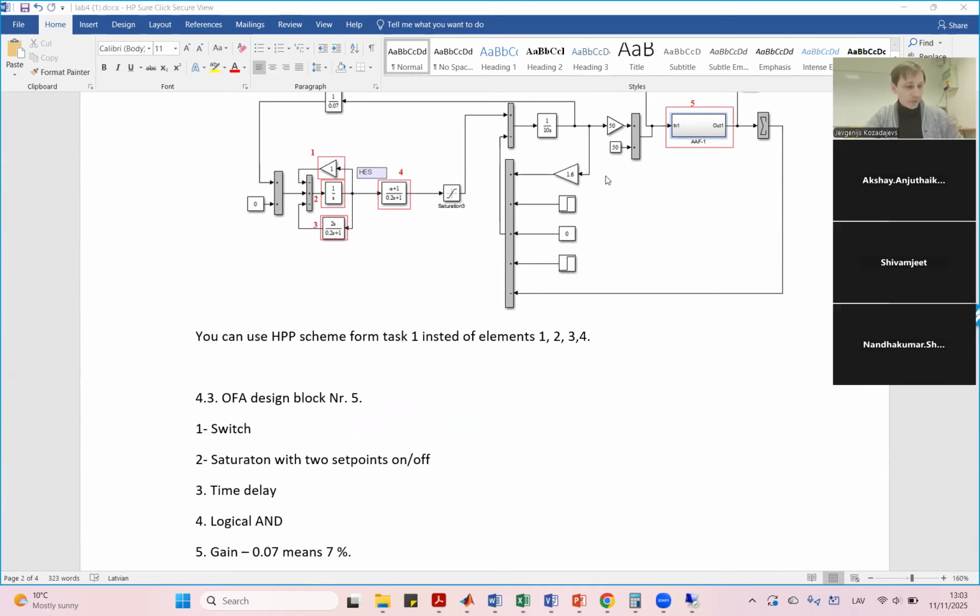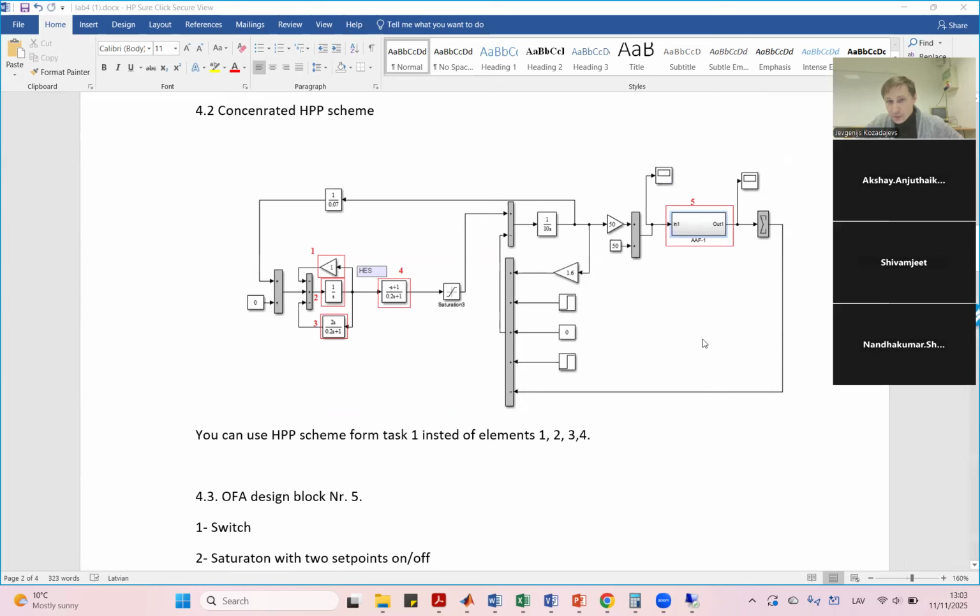Okay, so this is all from my side for today about laboratory number 4. But the next time we are going to talk about a more advanced scheme, about how to model.